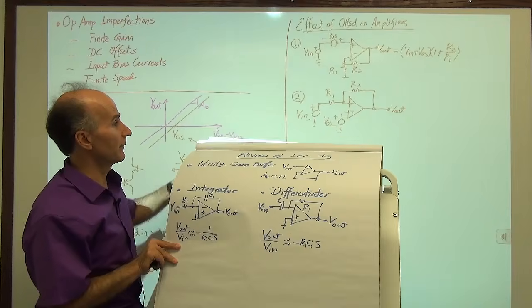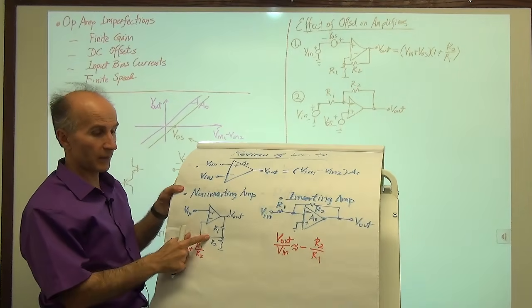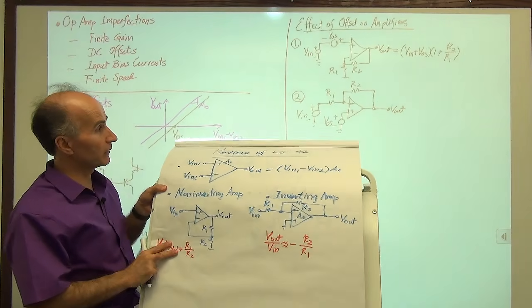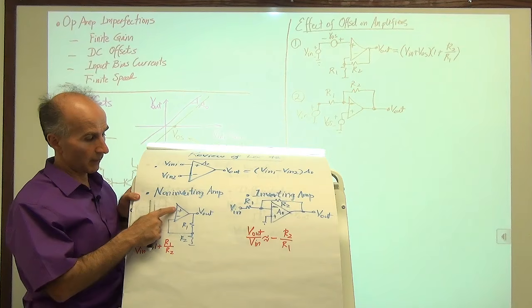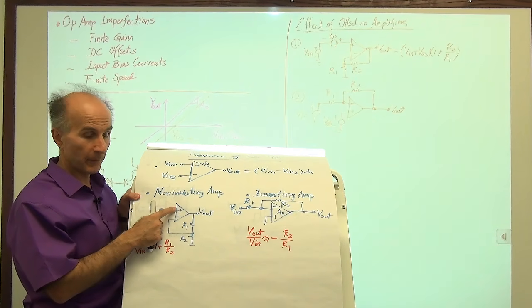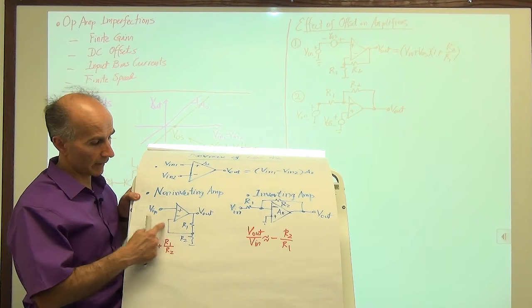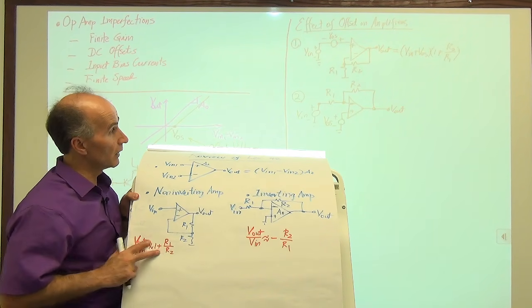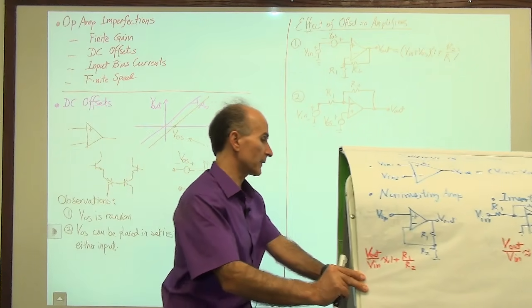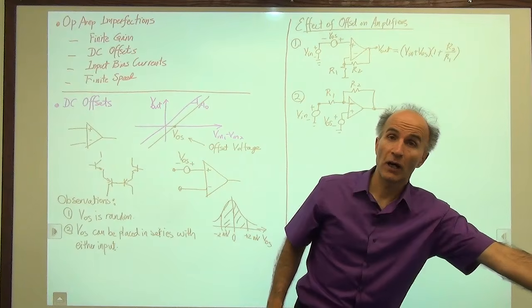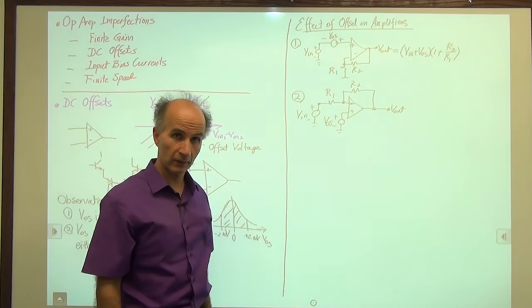Okay, sorry, I don't have it here. I have it here. This circuit is the same as this circuit, you see? If you compare the two, as far as VOS is concerned, VOS goes to the positive input of the op amp, and then the output of the op amp goes through a resistor, gets divided, and goes to another resistor to ground. So when V in is 0, that's what we get. So as far as VOS is concerned, we have a non-inverting amplifier. As far as V in is concerned, we have an inverting amplifier.